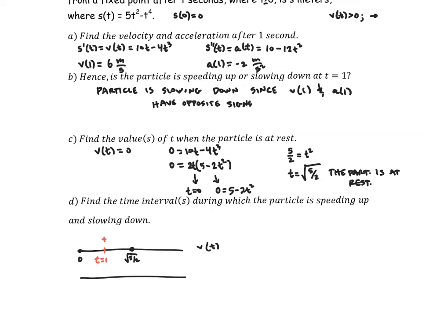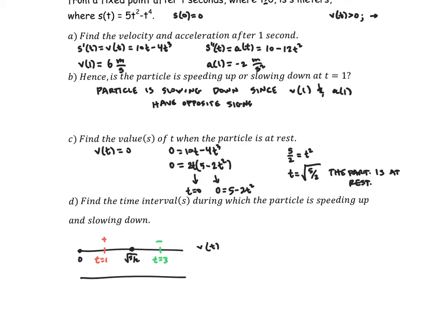I'm going to then test the velocity at, let's say, t equals 3. At t equals 3, the velocity would be 30 minus a larger number, so it would be negative. So I know the velocity will be negative after t equals square root of 5 halves.